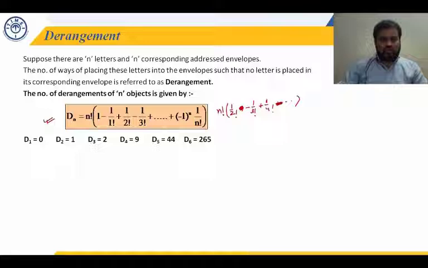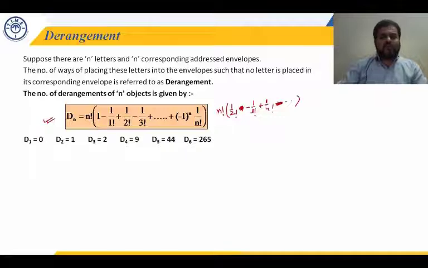So number of ways of putting only one thing into an incorrect place is 0. d2, number of ways of putting two letters into incorrect envelopes, there is only one way. d3 is 2. So number of ways of putting three objects into incorrect places is 2. d4 is 9. d5 is 44. d6 is 265 and so on.